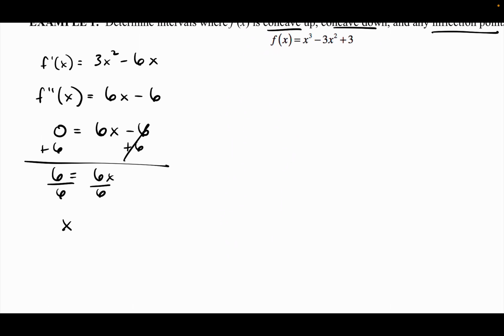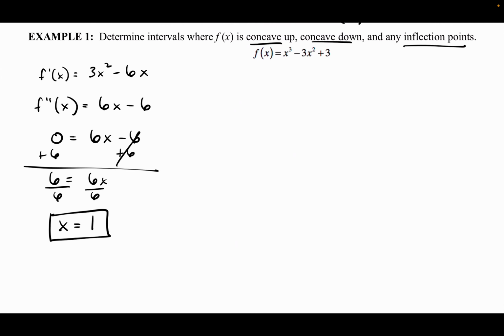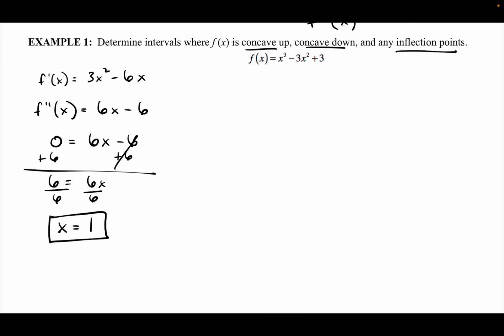You get 1. Okay, so that is an inflection point.